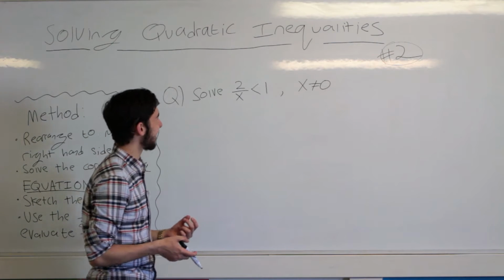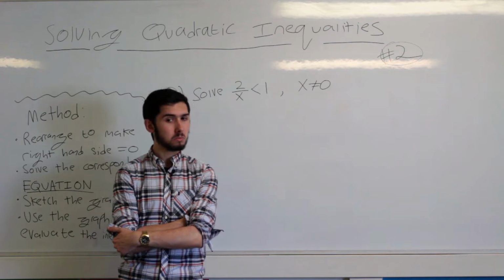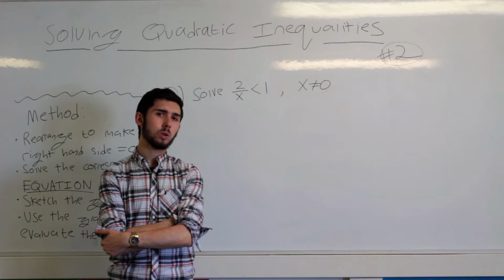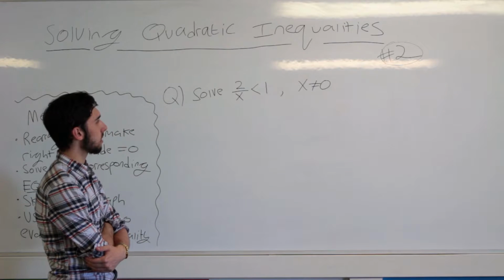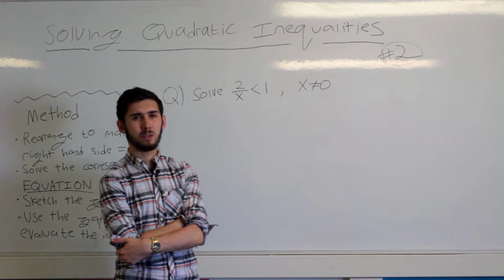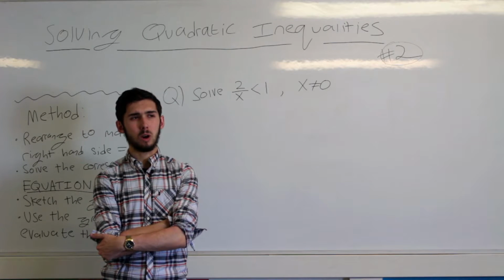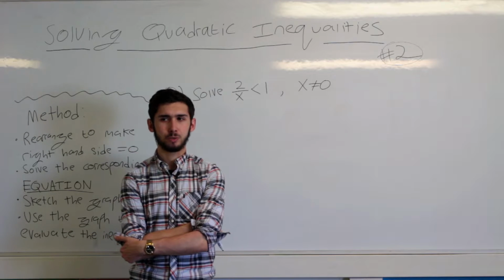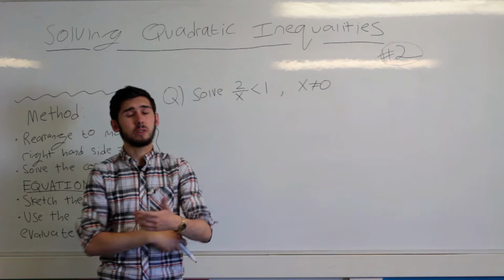If x was a negative number and we multiplied by x, that would actually flip the inequality. But we're not going to flip the inequality because x might be a positive number. So whatever we do, we're going to be wrong because we are missing out solutions. If x is negative, the inequality is going to go one way. If it's positive, it's going to go the other way.